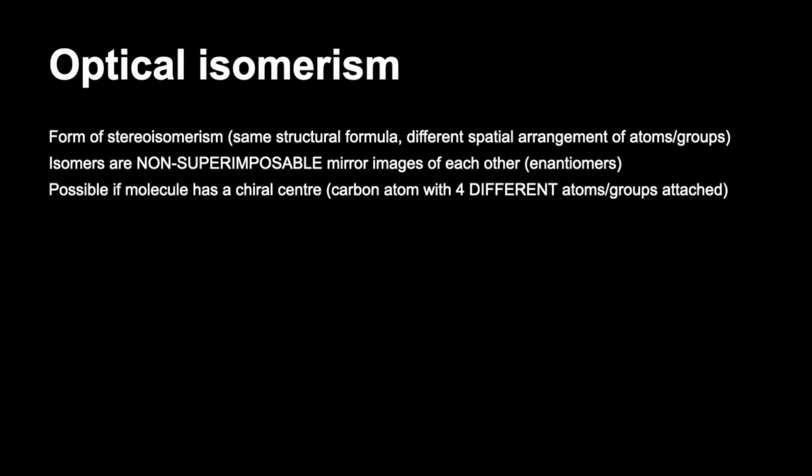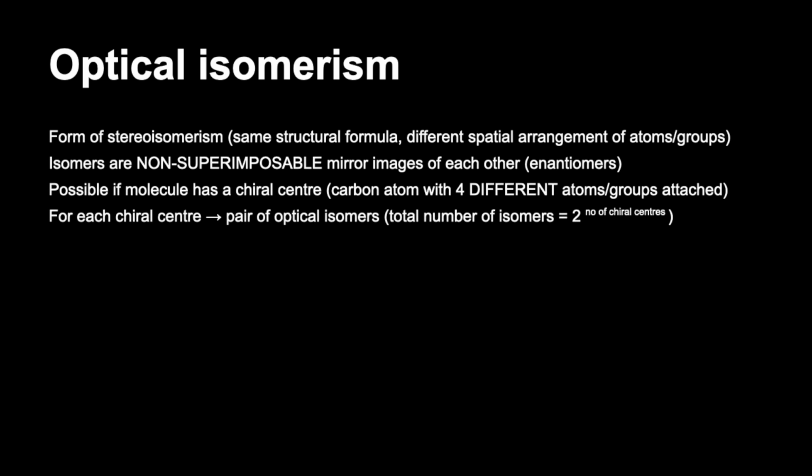So that's where you've got a carbon atom in the molecule with 4 different atoms or groups attached. For each chiral center in a molecule, there's a pair of optical isomers possible. So the total number of isomers possible is 2 raised to the power of the number of chiral centers.